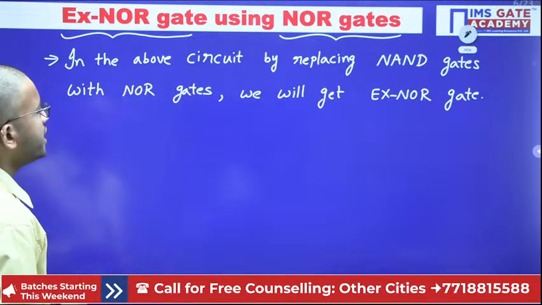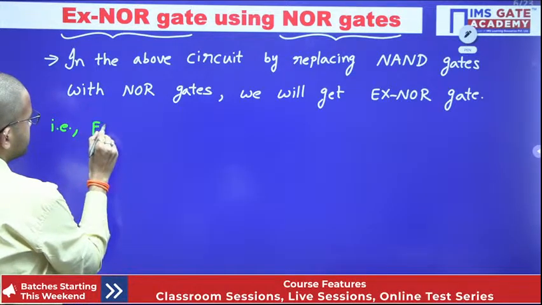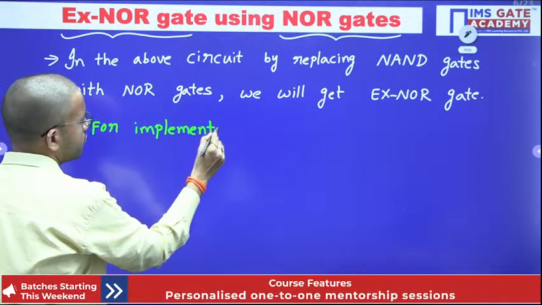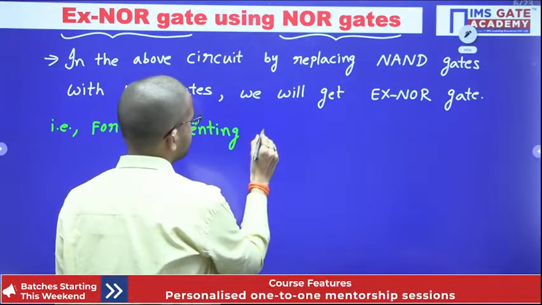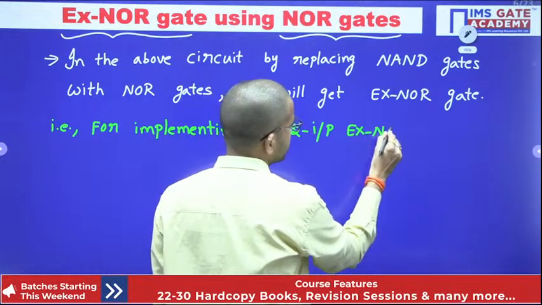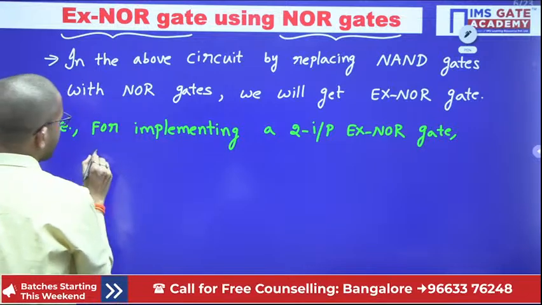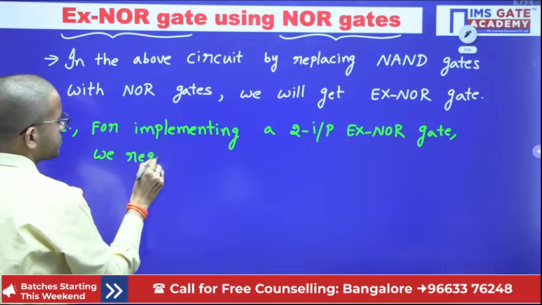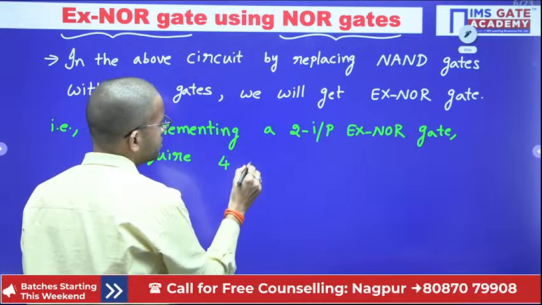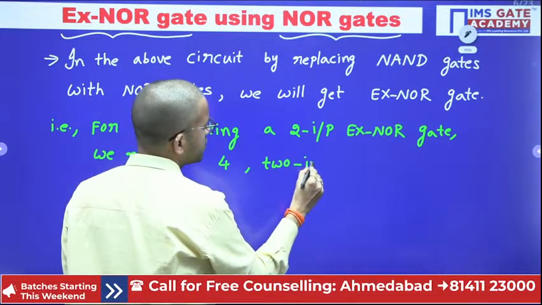That means for implementing a 2-input XNOR gate, we require 4 2-input NOR gates.